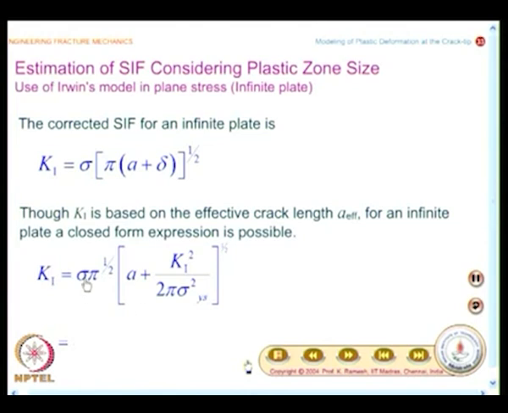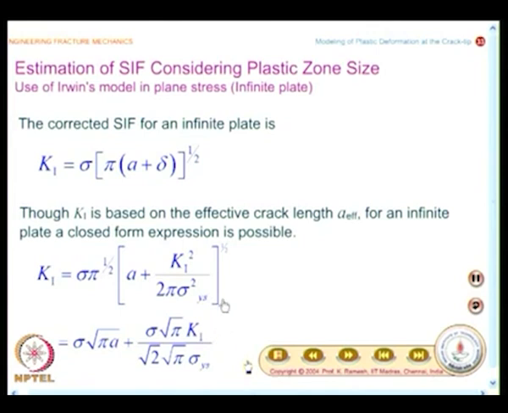I have this as sigma pi power half multiplied by (a plus K1 squared divided by 2 pi sigma ys squared) whole power 1 half, and this could be further simplified as sigma root pi a plus sigma root pi K1 divided by root 2 multiplied by root pi sigma ys.